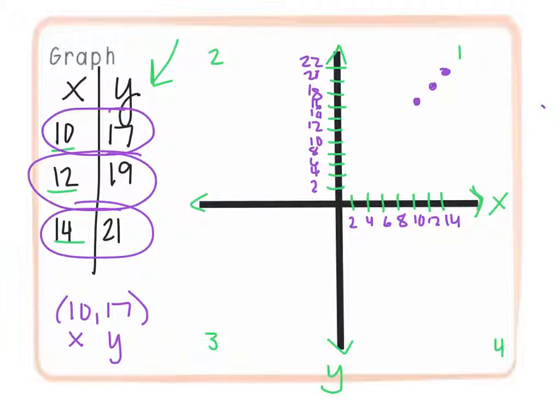Okay, so I have my 3 points. I might connect my points to create a line. And I would call this line the name of my function rule, which was x plus 7. Do you remember that rule that we had at the top of our table? So that's what I would name that line. And then I'm done graphing it.